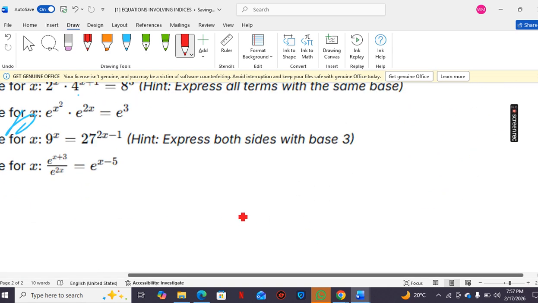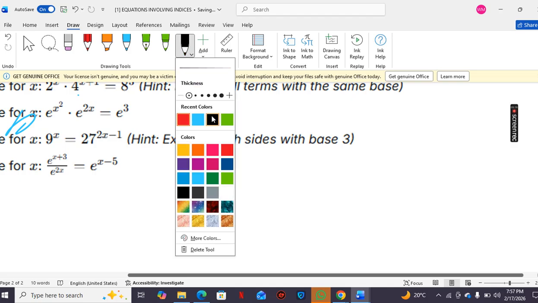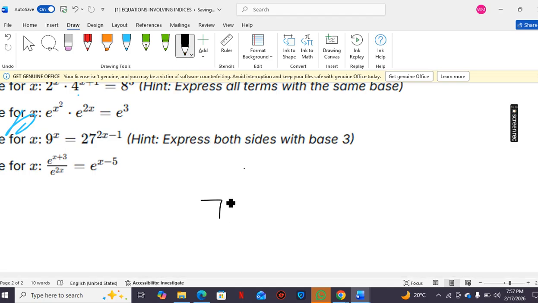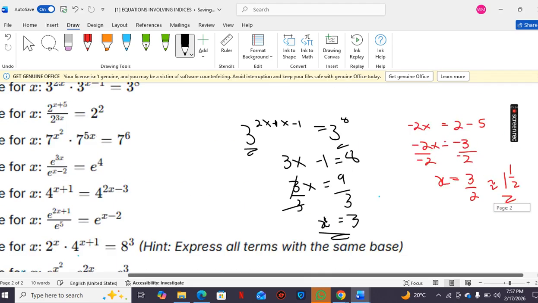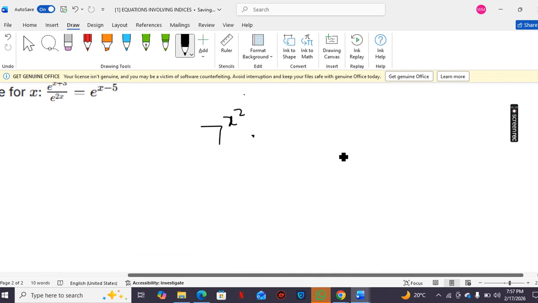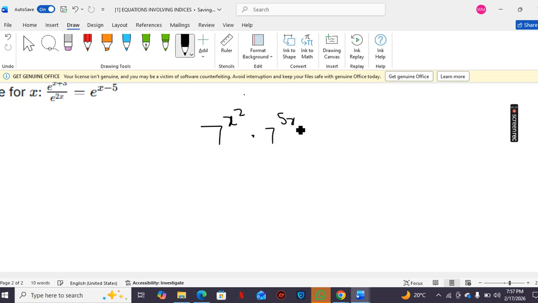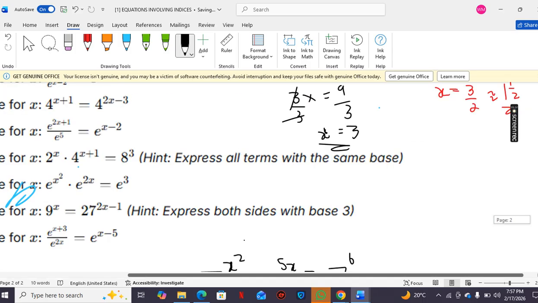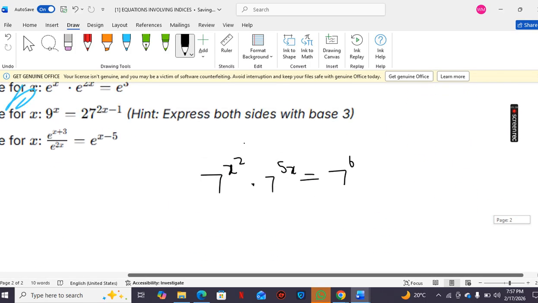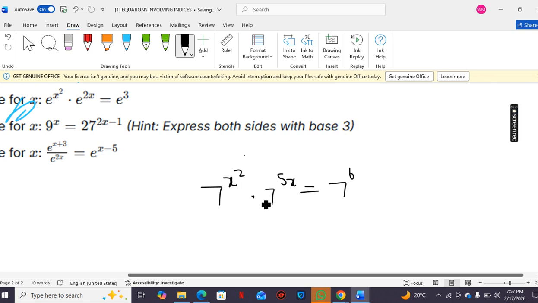Let me write it here. So the third one is 7 to the power x squared multiplied by 7 to the power 5x equals 7 to the power 6. Okay, so again, first things first, we need to add the indices.